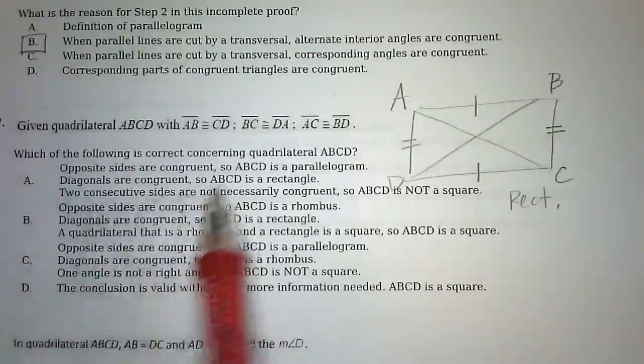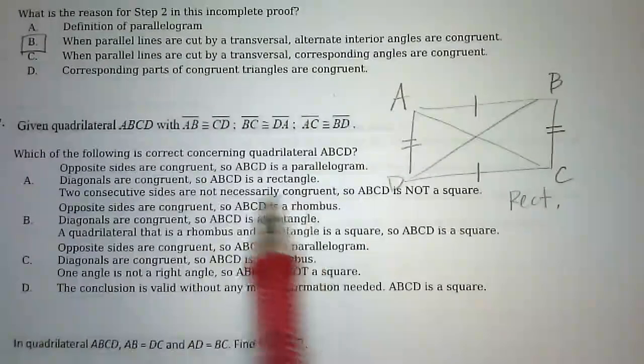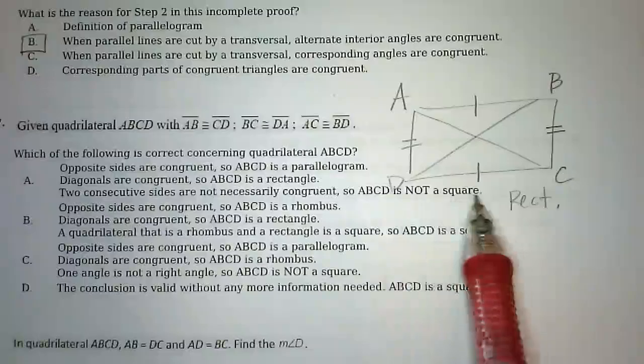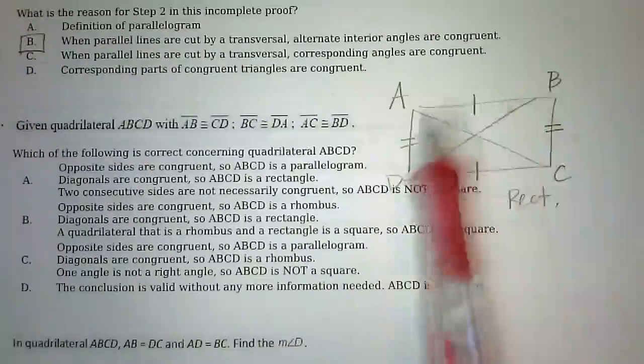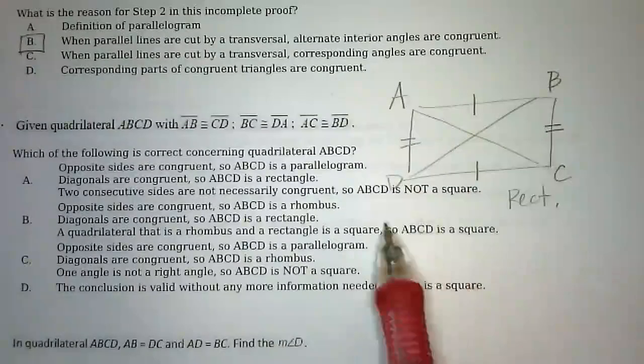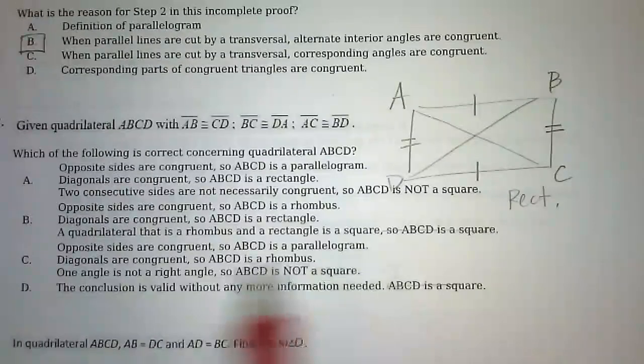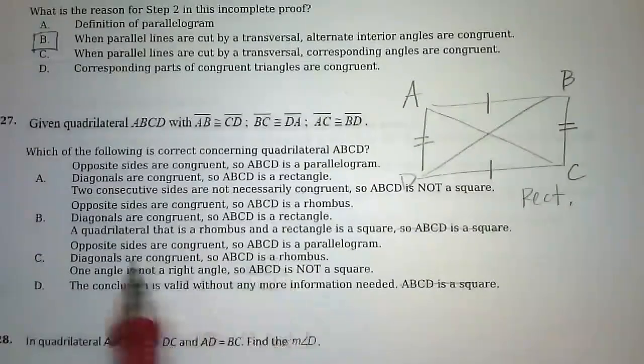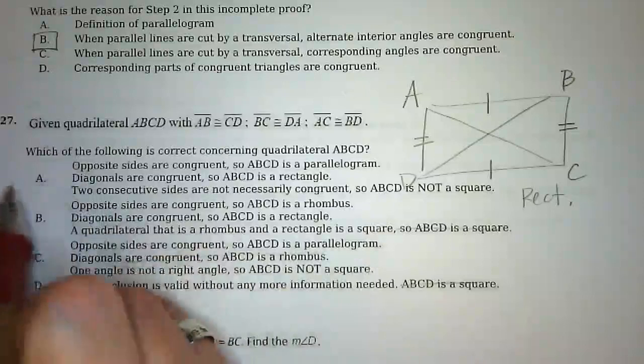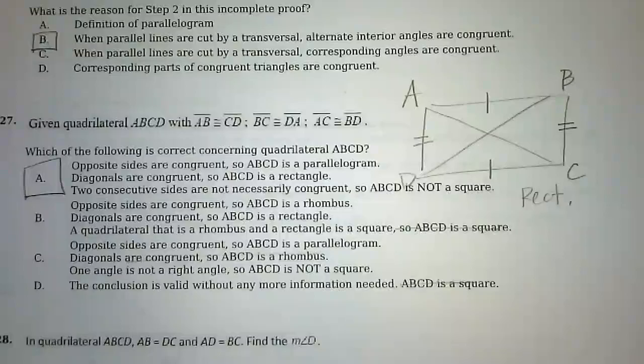It is not a square because we don't know that those four sides are the same. We don't know that, oh, the diagonals aren't congruent. Never mind. So there we go.